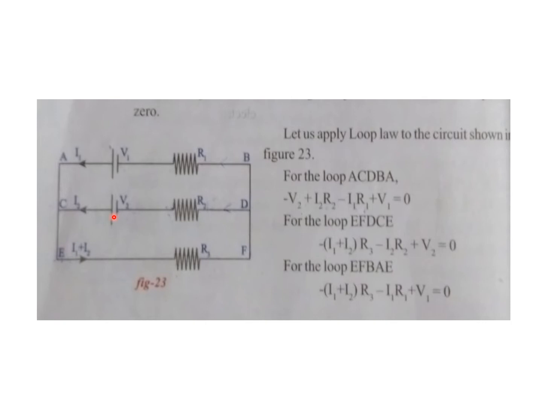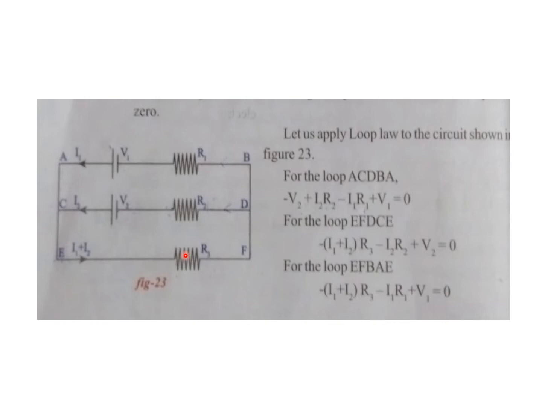Now let's see the second loop, EFDCE. Here the direction of current is from the positive terminal towards the right side, and we have also started moving the same way. But when you are moving forward, the voltage at this point drops down, so its sign convention is negative.